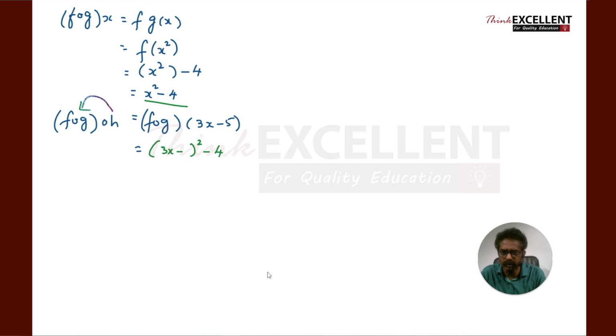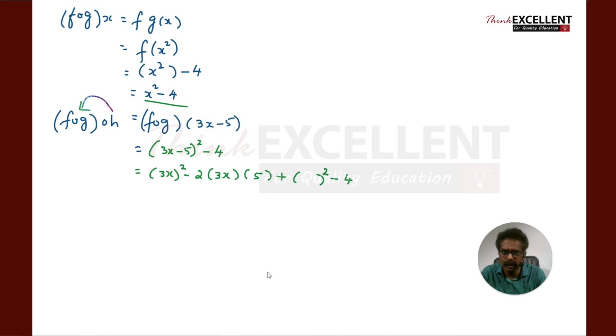So now this is a minus b the whole square type. What is a minus b the whole square? A square minus 2ab plus b square. Then finally we have minus 4 also, right? Instead of a we have 3x, in 2ab, a value 3x and b value 5.